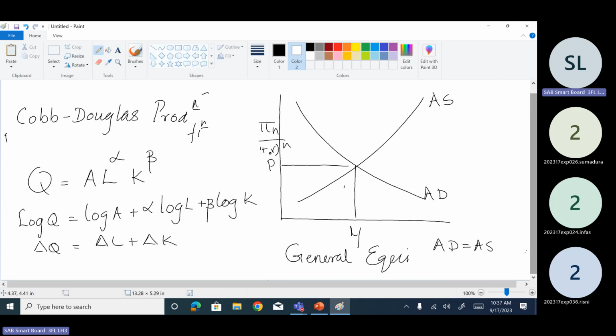We will talk about that another day. So this is the Cobb-Douglas production function, which explains the long run production function, where both labor and capital are variable.